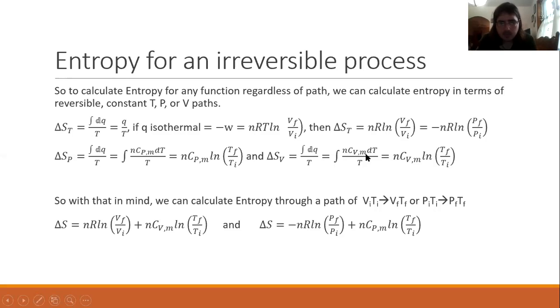Same thing happens with entropy at constant volume. We can say that's C sub V ln TF over TI.